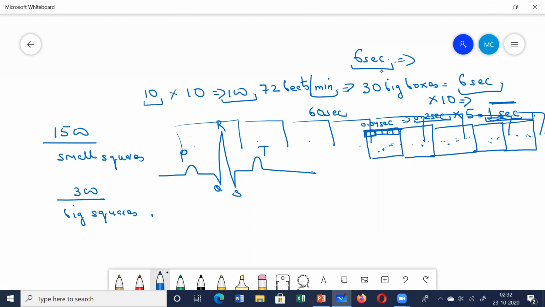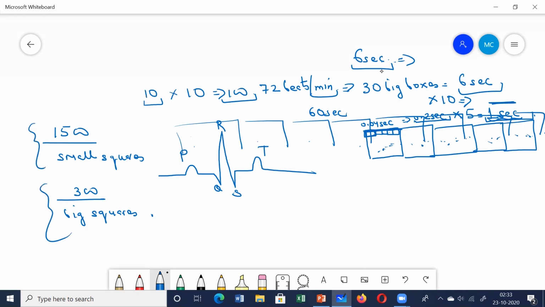So the heart rate, the proper term, is 100 beats per minute. This is the 6-second method, one of the easier ones.